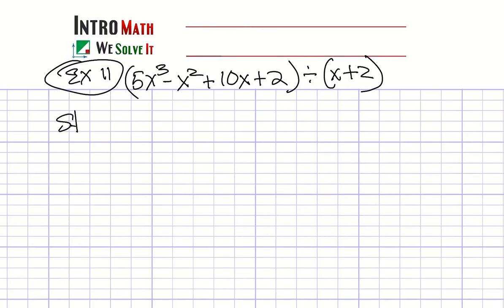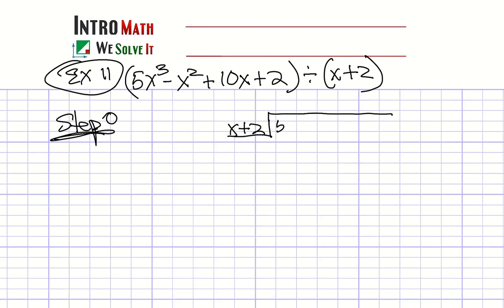Okay, let's do step 0, okay? You repackage stuff in step 0. Repackage it for processing. So you do x plus 2 like that.